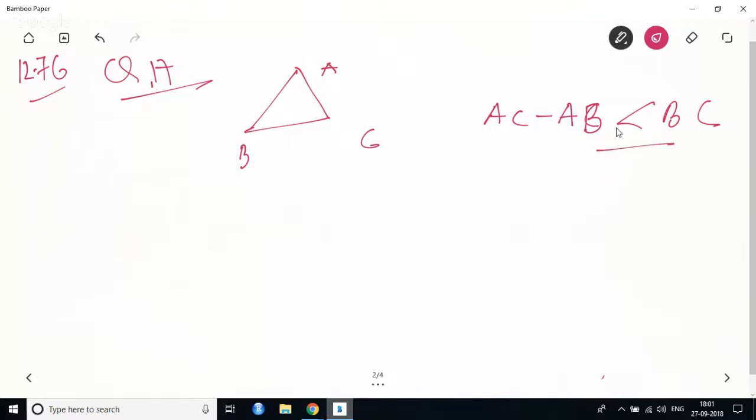So what do I do? Try to understand. From here, extend a line to D. There are four angles getting formed. Suppose this is angle 4, on this side this is angle 1, this is angle 2, and this is angle 3.